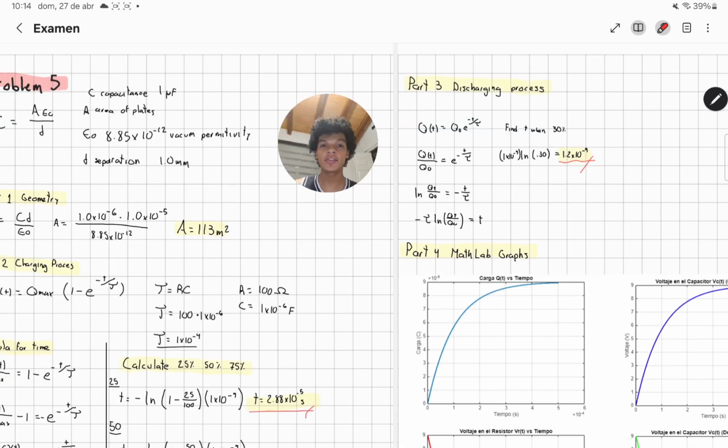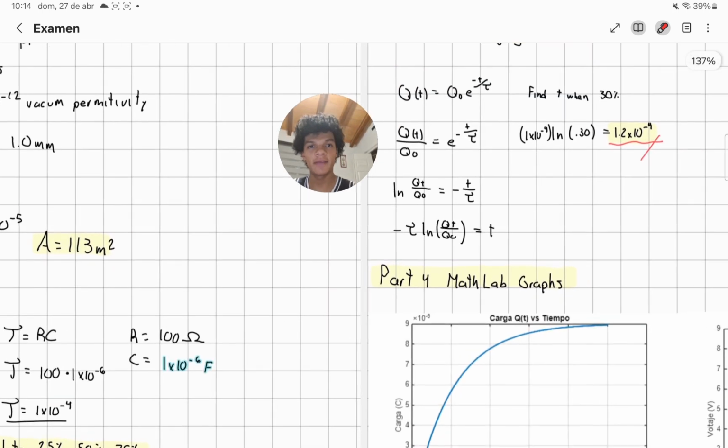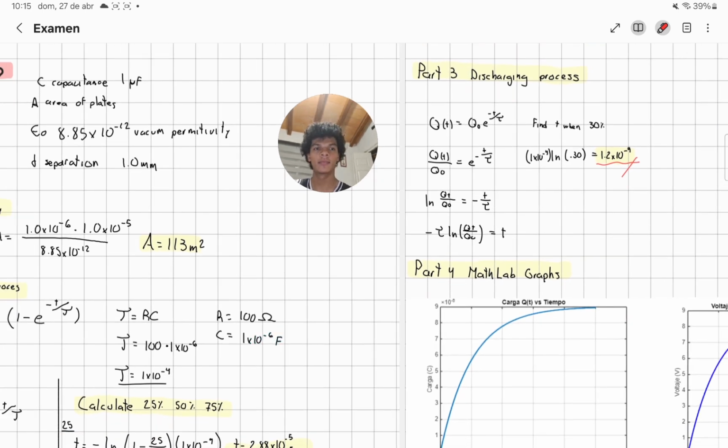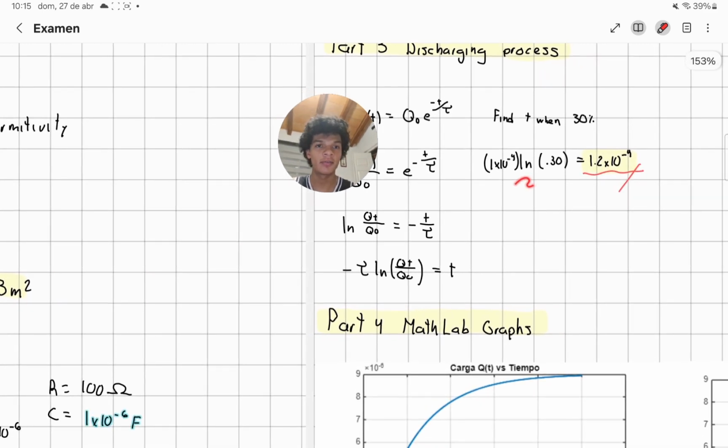Now for the discharging process, we have this formula. As in the other problem, we solve for time. We have to find then the time that it takes from 100 to 30%. So here it is, using the formula.